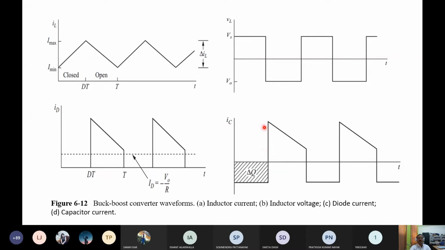Then it will increase, then according to the inductor current, decrease again. So when the switch is on, the voltage across the inductor is Vs. When it is off, it is V0. So draw this equivalent circuit.